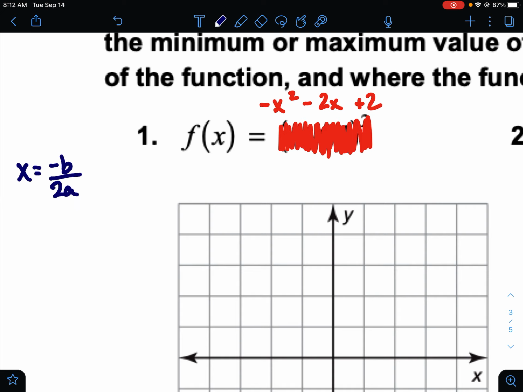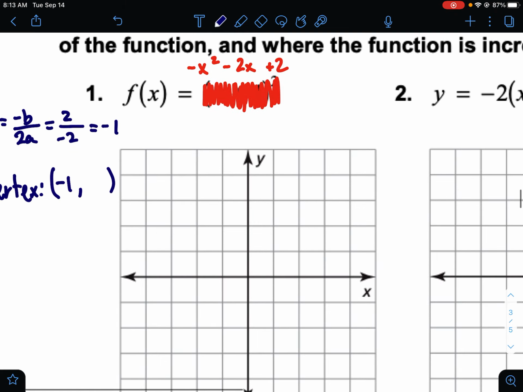In this case, the opposite of b, since b is already negative, it's -2. It'll be +2 over 2 times a. A is right here. It's -1. So 2 times -1 is -2. 2 over -2 is -1. And so the vertex, the x value at least, will be -1.